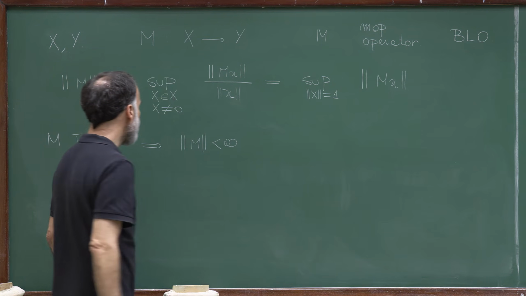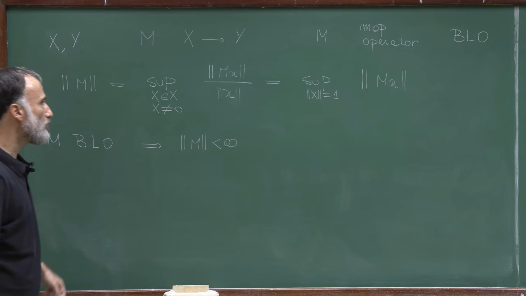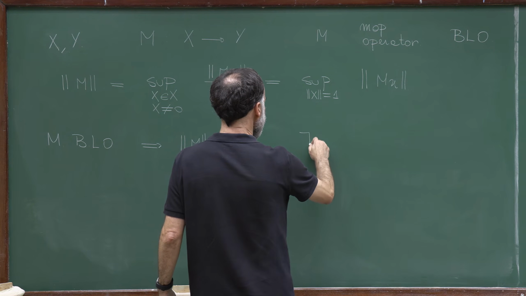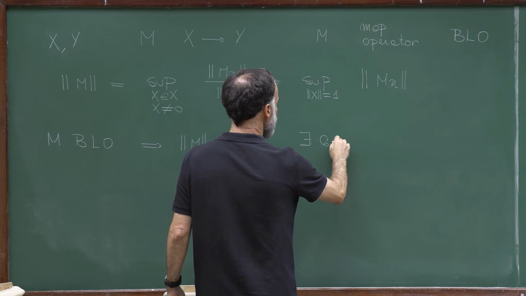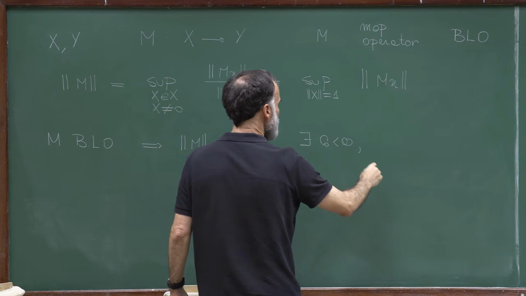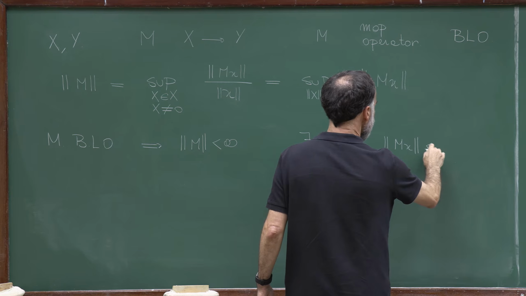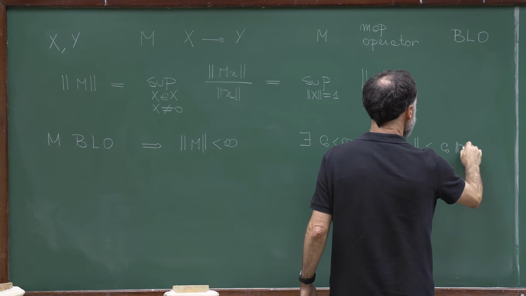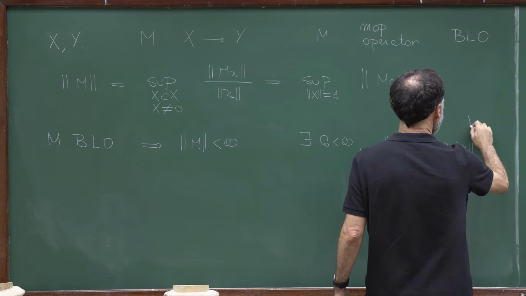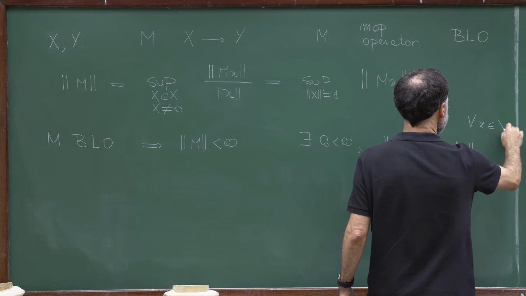So this is clear because if M is a bounded linear operator, this means that there exists a finite constant C0 such that the norm of Mx is less or equal than the constant C0 times the norm of x for all x in x.